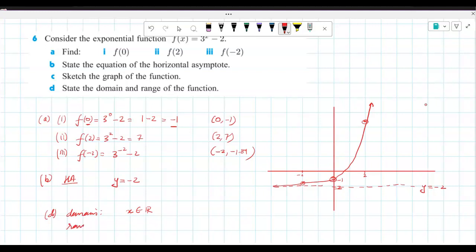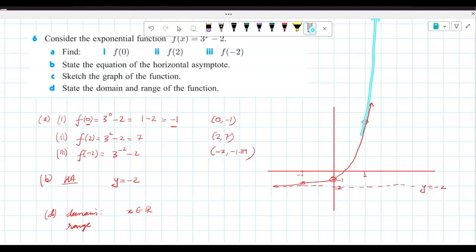Range. Remember, for domain, what did we do? The leftmost value to the rightmost value. For range, the bottommost value. What is the bottommost value? -2. Highest value?